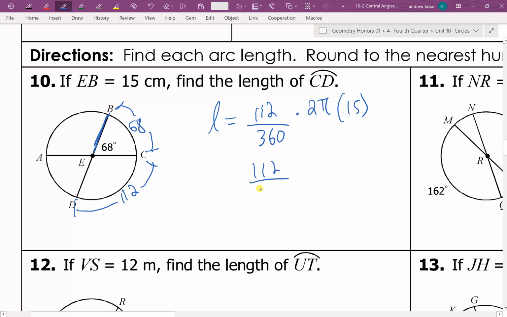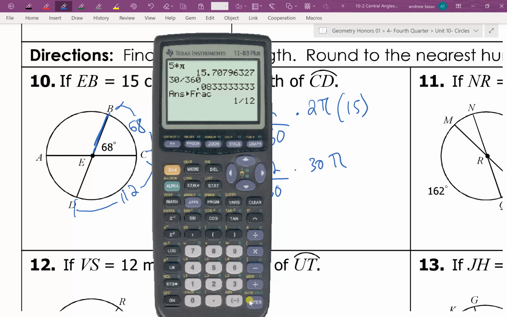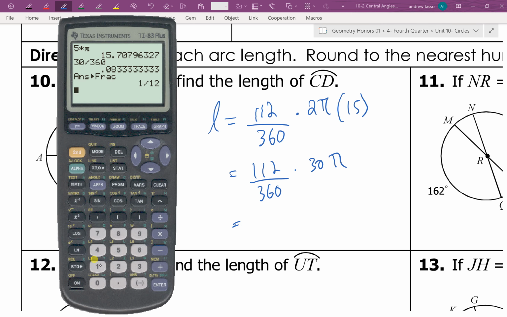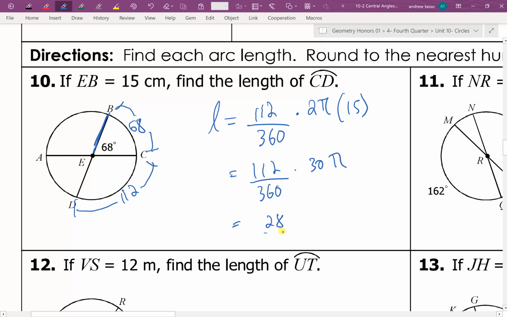So we can write 112 over 360 times 30 pi. If you put this into the calculator, we do 112 divided by 360, times 30, and then you could times by pi here, or turn this into a fraction as well. So you get 28 over 3, or as a fraction, 28 pi over 3.